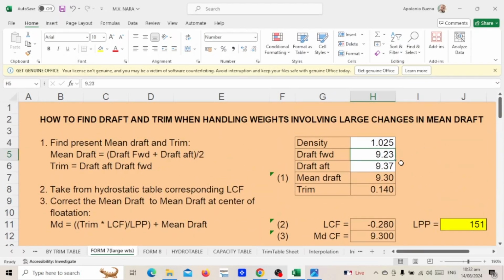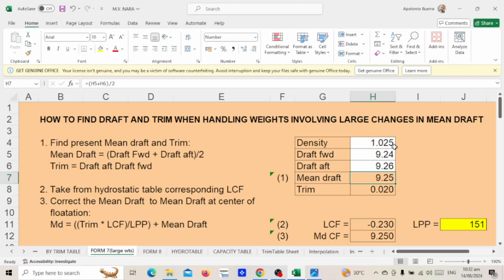You put here 9.24 and 9.26. Okay, so your new drop, your main drop, will be 9.25 and your trim will be, okay, that's it.